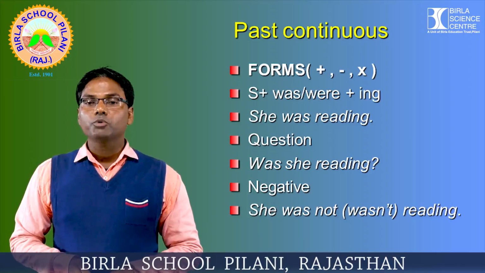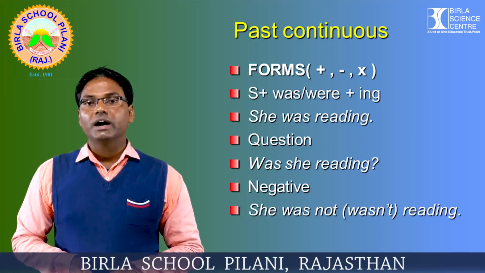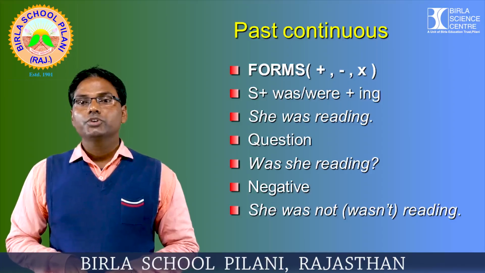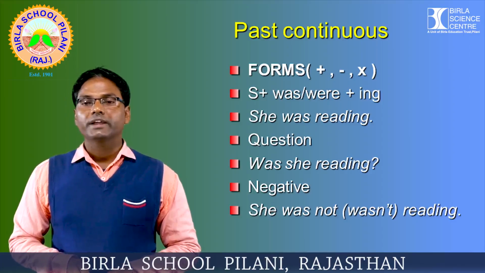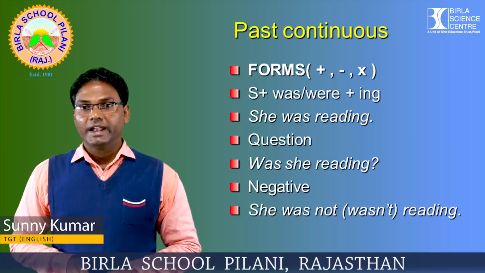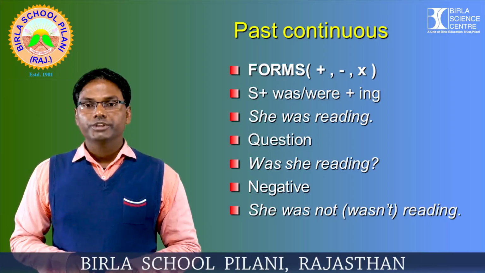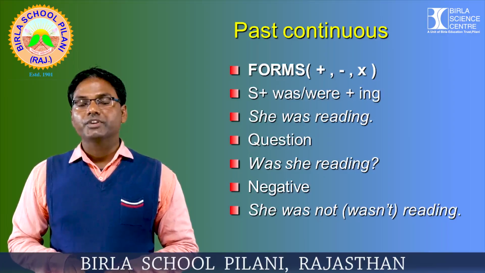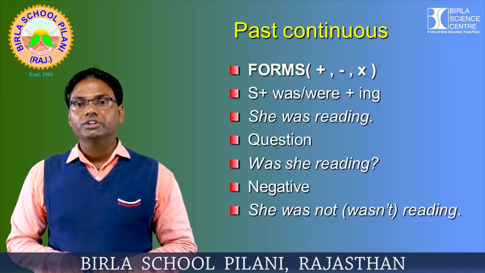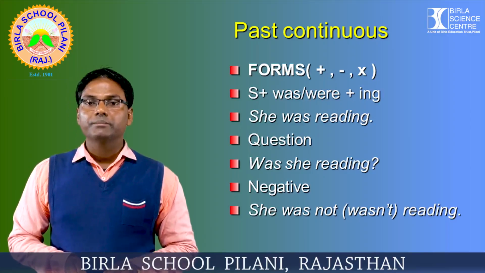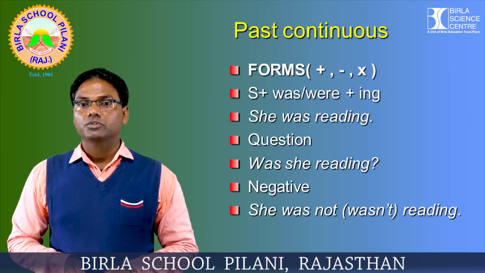Children, you must remember one thing here, that if after was or were you are using a noun or adjective, then they will be indicative of simple past. They won't be counted in past continuous. Here, it is the ing form which makes it a verb in continuous. So she was reading is in continuous. Its question sentence will have was come at the beginning of the sentence.